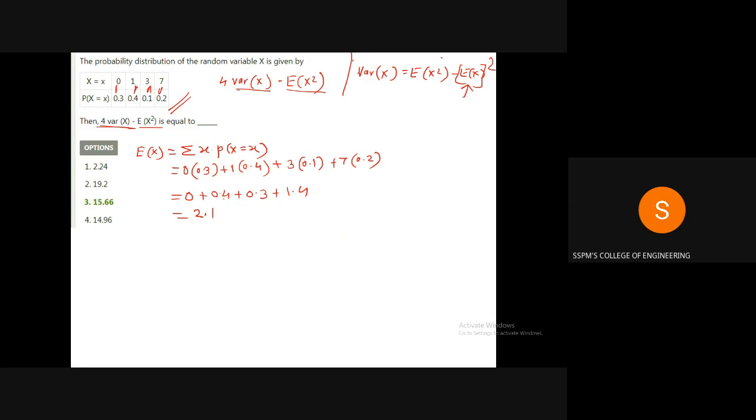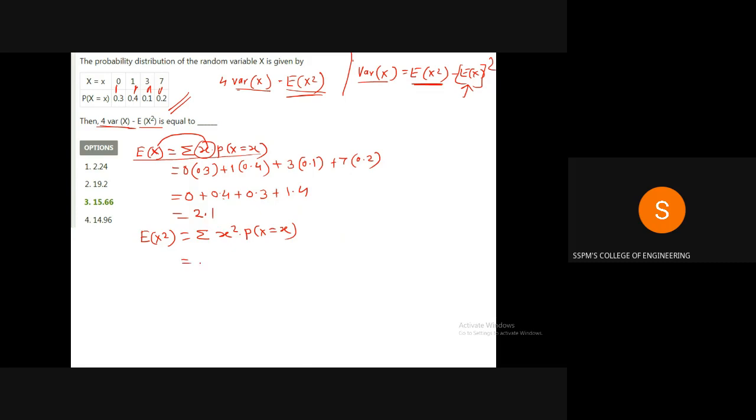So now we have to calculate E of x square. It will be used in both Var x and this. What is the formula for E of x? It was x P of x. So what will be the formula for E of x square? It is summation x square P of X equal to x. For x we use x in the formula, similarly for x square we will use x square in the formula.